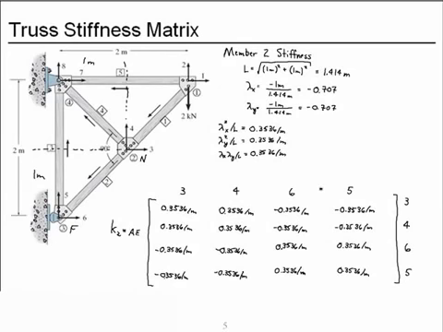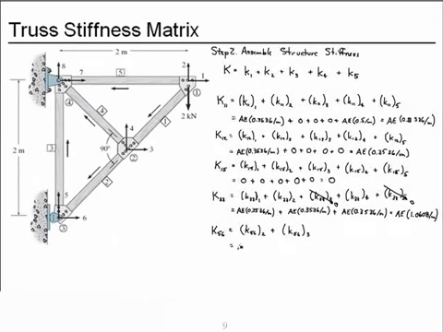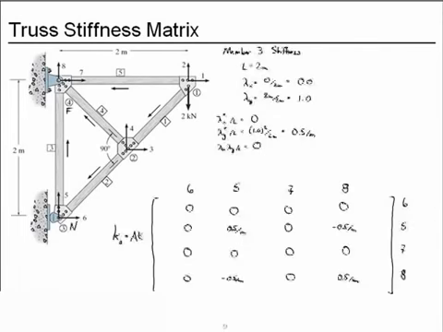Now remember, we picked our degree of freedom numbers so that they are out of sequence, and we'll see why in the next example, but what we need is this contribution, to which we add from member 3 row degree of freedom 5, column degree of freedom 6, a coefficient that is 0.